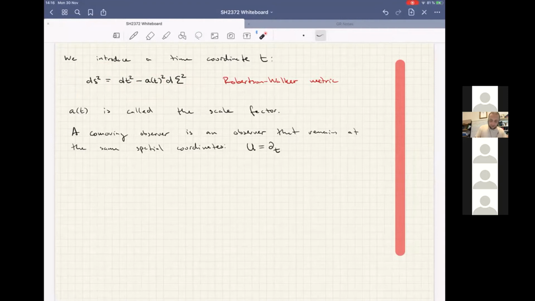Note here that I could have inserted some function b of t squared in front here also. But if I did that, I could just make a change of variables such that that function disappeared. I would get a slightly different function a of t here, but it would be the same spacetime. So I can always choose this b of t to be 1.